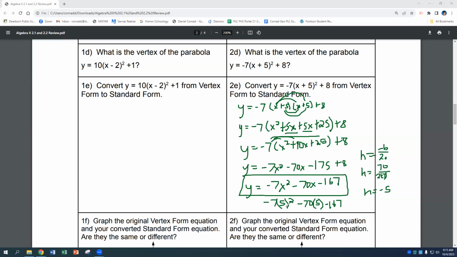So if you put that in the calculator, you should get 8, right? We should get 8. So let's see. That's -7 times 5 squared minus 70 times 5 minus 167.